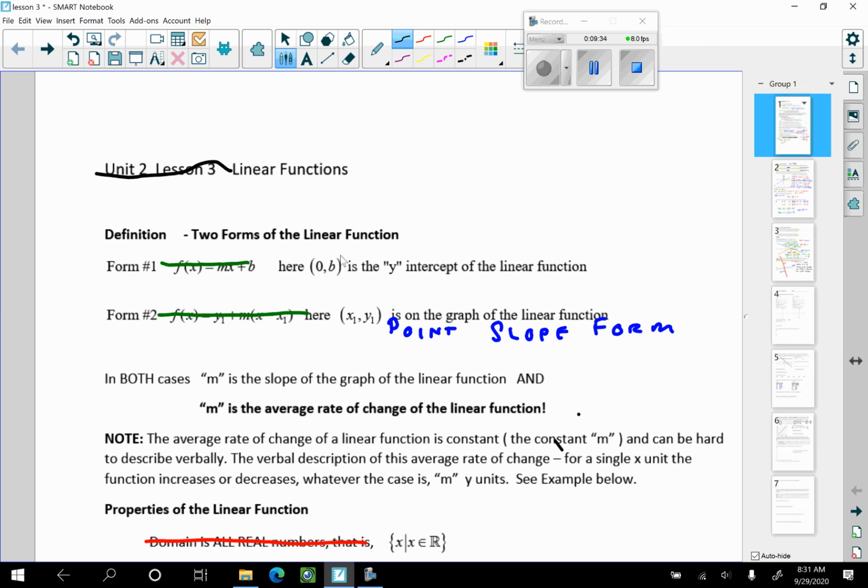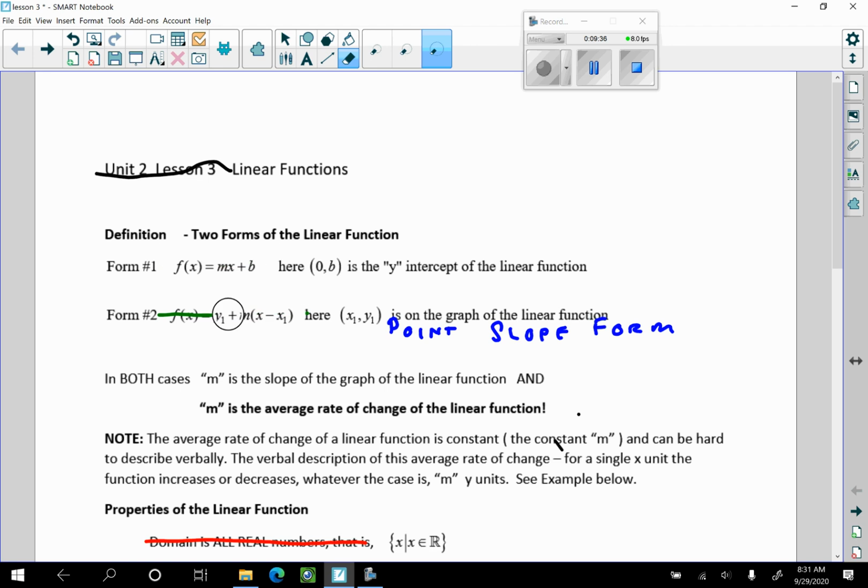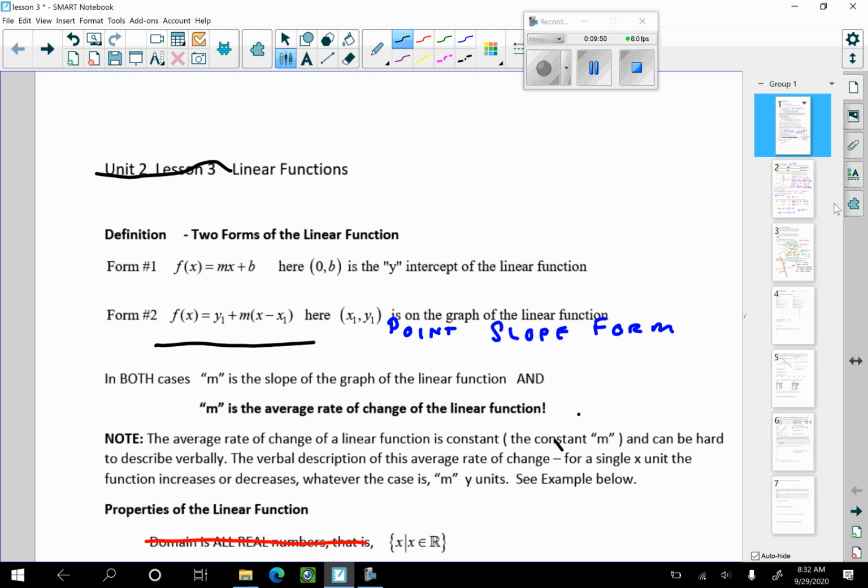Oh, I don't know why my green line is there. Oh, it's because I moved the screen. There's your 2 different ways to write your linear function. Guess which way I'm going to use? I'm going to use the point slope form because it requires less algebra.